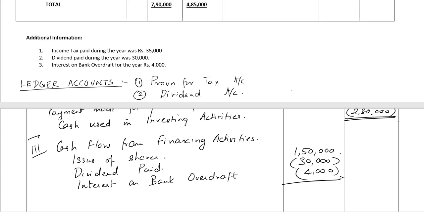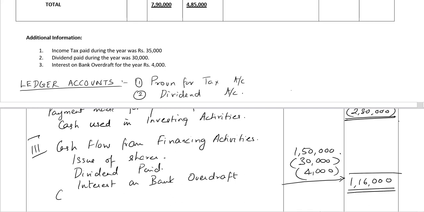So the final amount to be taken to the outer column, 1,16,000 rupees. Cash flow from financing activities.